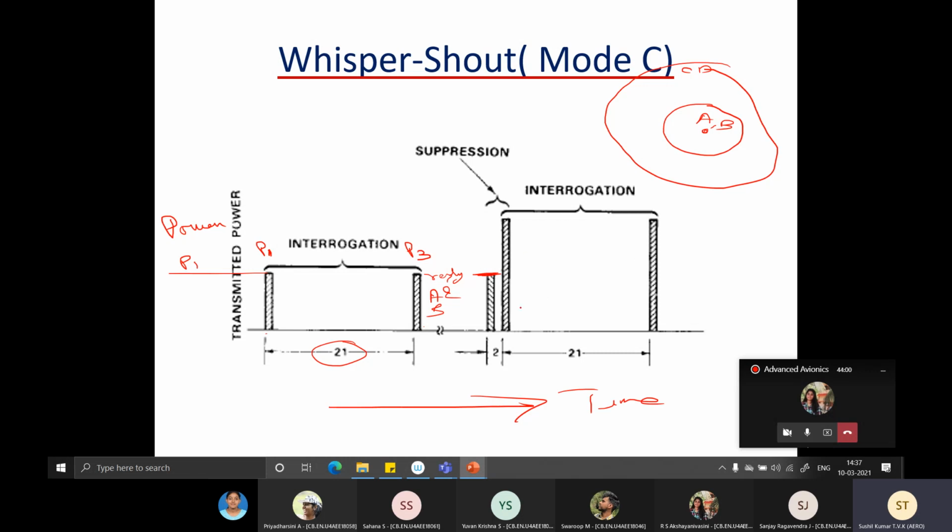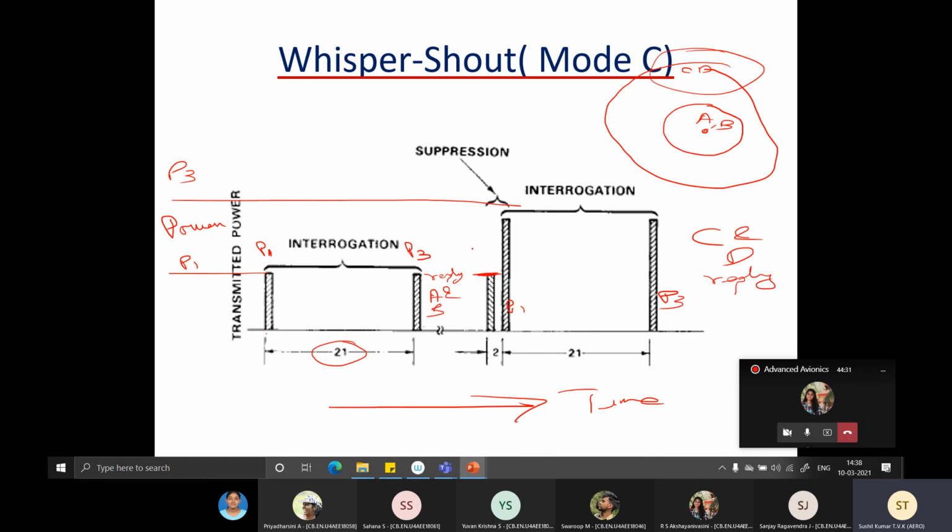Then you go for P1, P2, P3 at a very high level. Now C and D also will receive the interrogation pulse, so C and D will reply, whereas A and B will not reply. That's how they segregate the whole thing into different sectors.